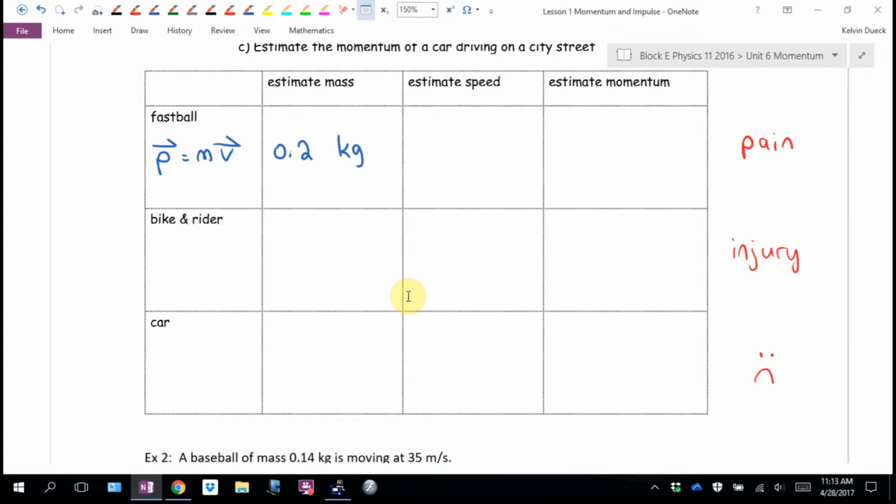Thankfully, your physics teacher knows that to go from miles per hour to meters per second, you divide by 2 and then subtract a chunk. 100 divided by 2 is 50. Subtract a chunk. It's around 45 meters per second. How much momentum does a fastball have? Mass times velocity.